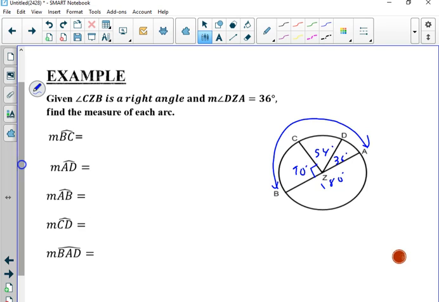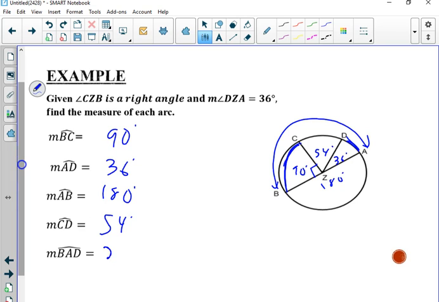BC is right here. You know that's 90. That was a given. AD, we just calculated that part, 36 degrees. AB, well, that's a semicircle, 180 degrees. CD, 54 degrees.